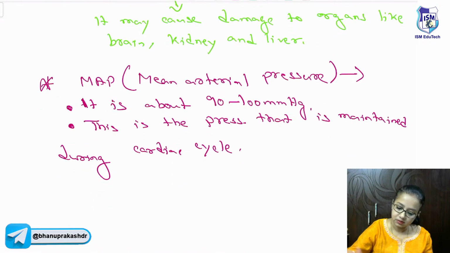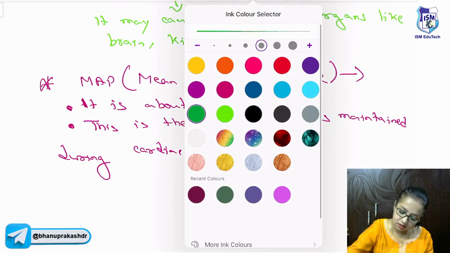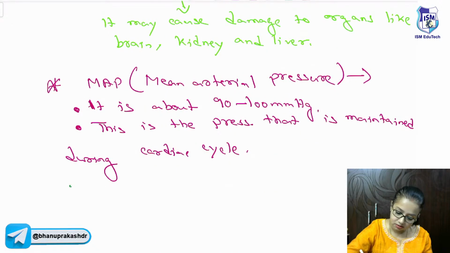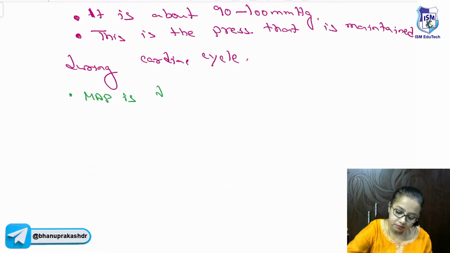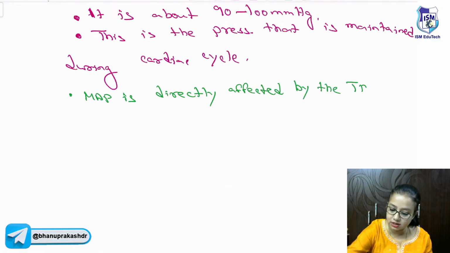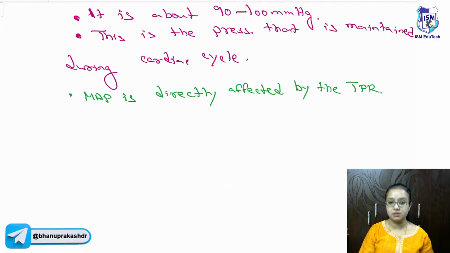Okay. Now, this mean arterial pressure is directly affected by the total peripheral resistance.